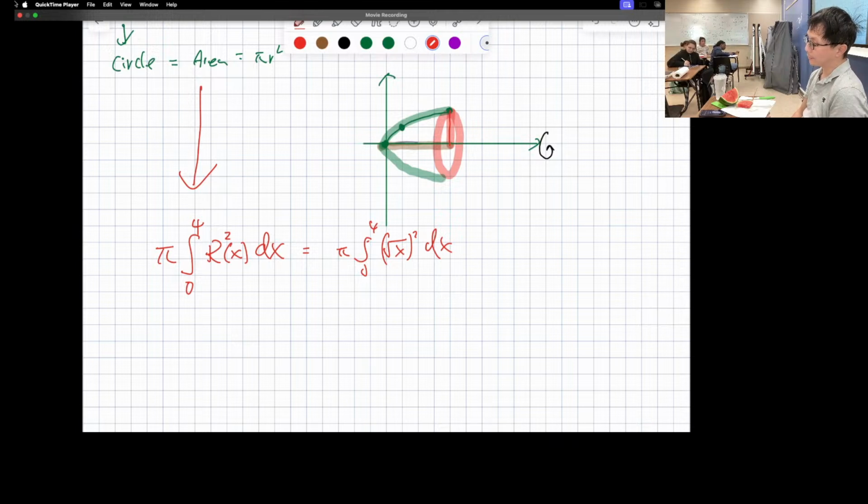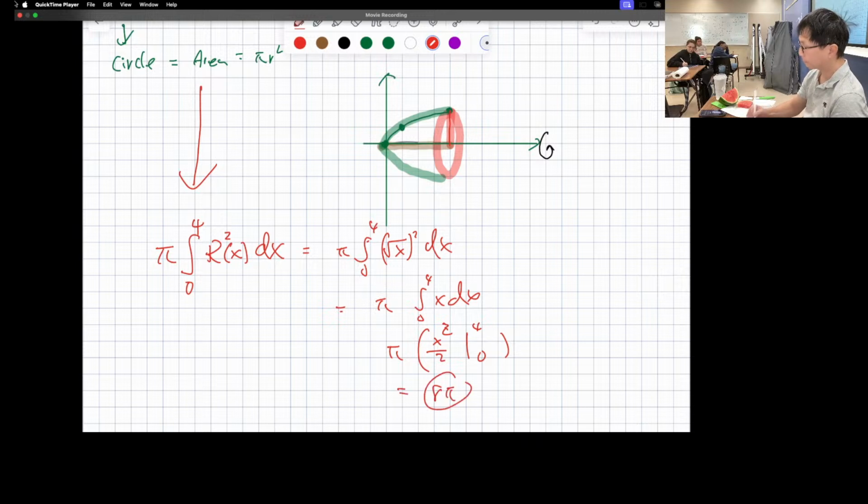So therefore, the integration of 0 to 4, and everybody can do this. This one is just going to be pi times the integration of 0 to 4 of x dx, which is x squared over 2, between 4 and 0, times pi, and that's equal to 8 pi.